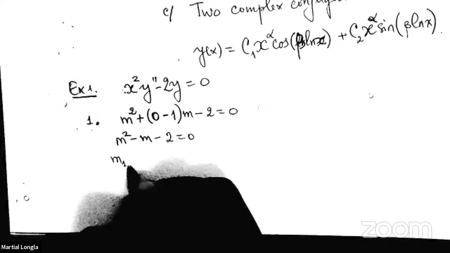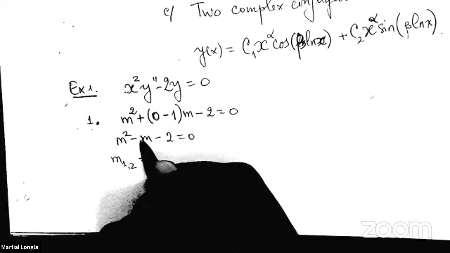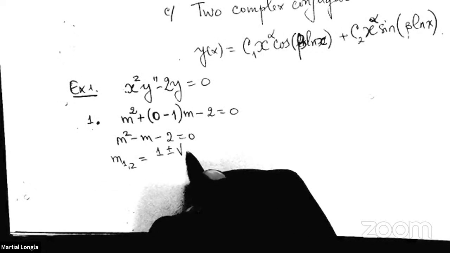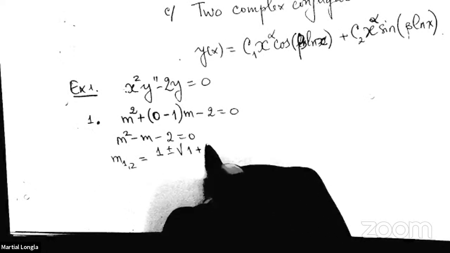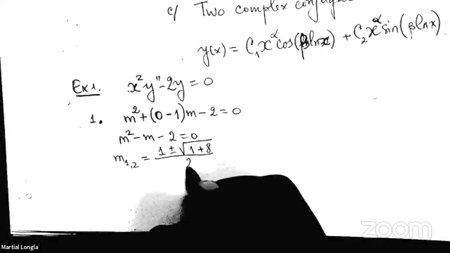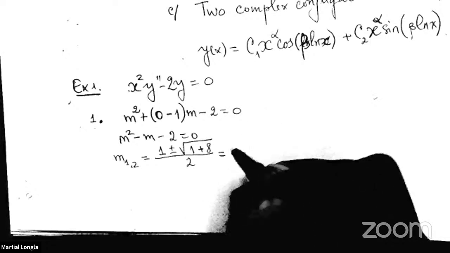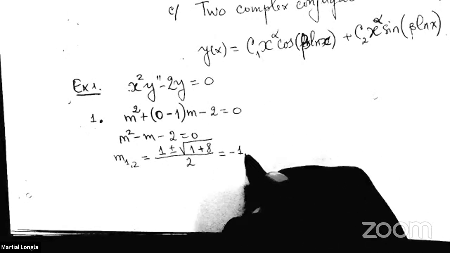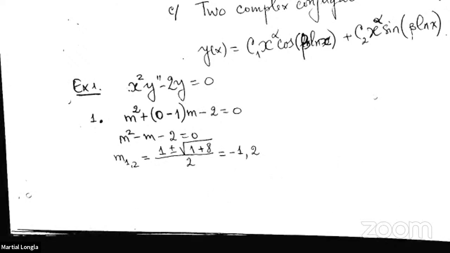So m1,2 is minus negative 1, that's 1, plus minus square root of 1 plus 8, over 2, which is minus 1 and 2.